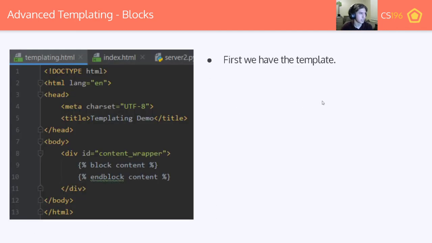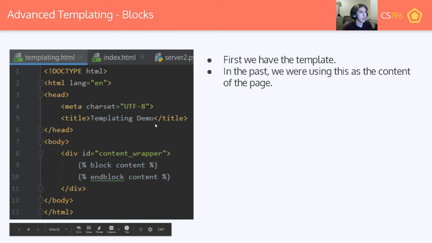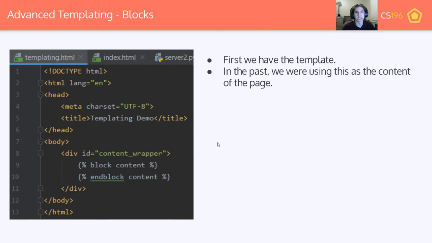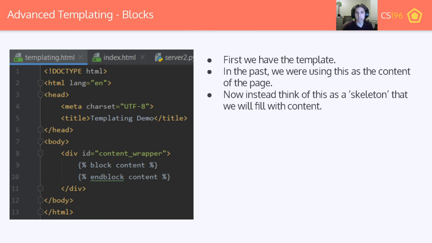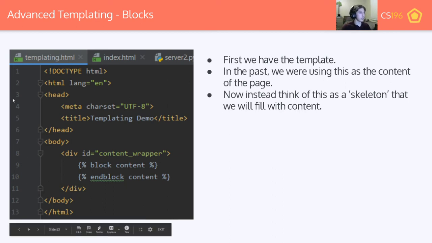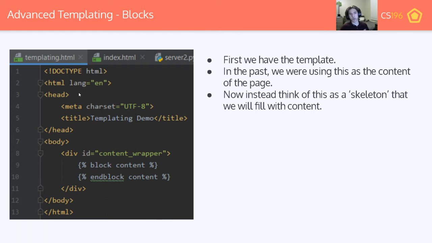So we'll just explore an example here. First we have the template, and again, in the past we were using this as the content of the page itself, right? This is what we were printing. I want to change our thinking a little bit. When we start to use blocks, really the purpose of these HTML templates with this head, body, content, HTML stuff changes. It is no longer really the content.